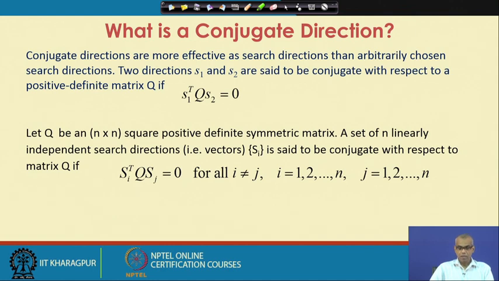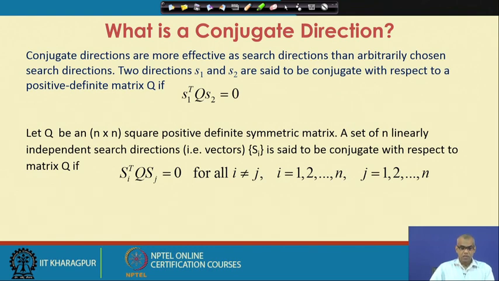If I have S1, S2, S3 up to Sn linearly independent search directions, we will say that they are conjugate with respect to matrix Q if Si transpose Q Sj equals 0 for all i equal to 1 to n, for all j equal to 1 to n and i not equal to j.